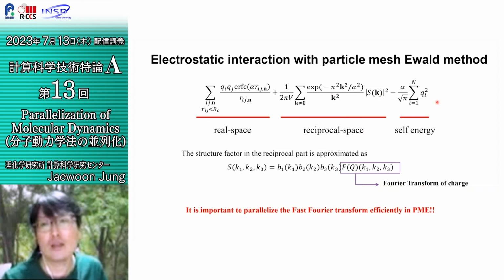The other is the self-energy term, which is just a constant and does not add any computational cost, so you can neglect it from the computational cost point of view. The point is that in reciprocal space interaction, we need fast Fourier transformation. So in parallelizing the reciprocal space interaction, it is very important how to parallelize the fast Fourier transformation.